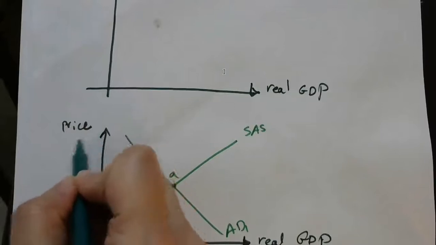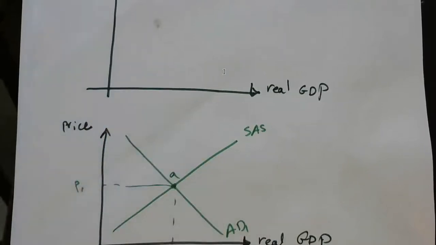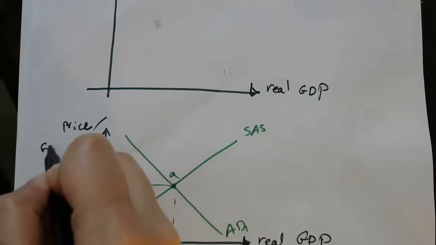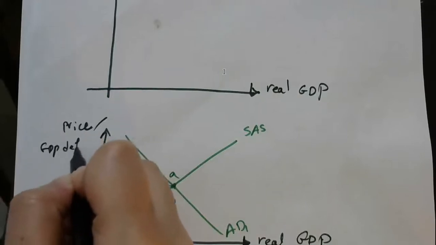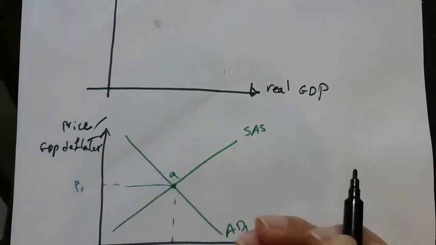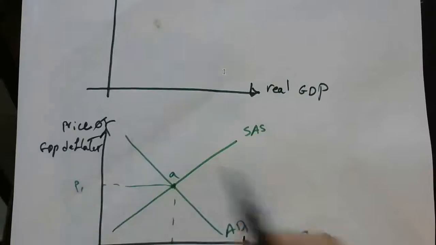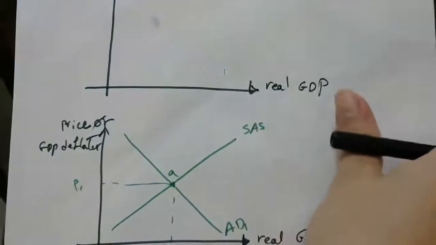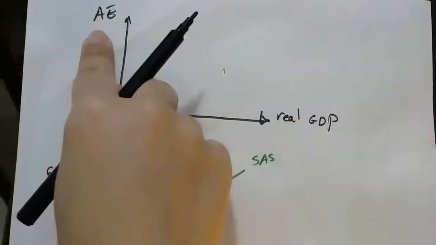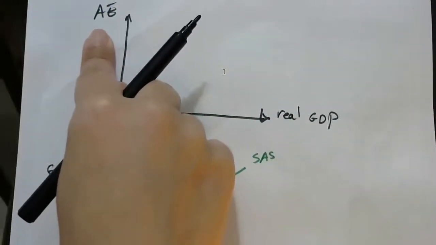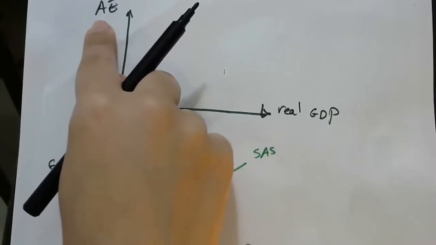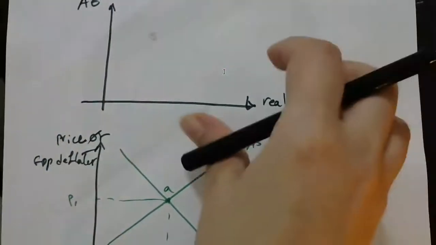It has a concept of the price level, if you remember from the previous topics. And then here is aggregate expenditure. Do you remember I told you aggregate expenditure is a kind of demand? So we just show it differently.